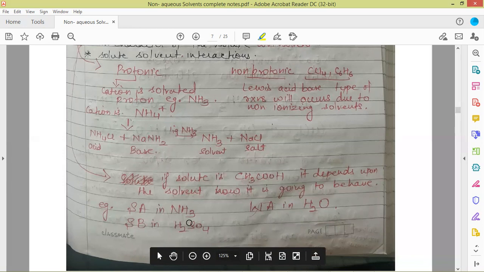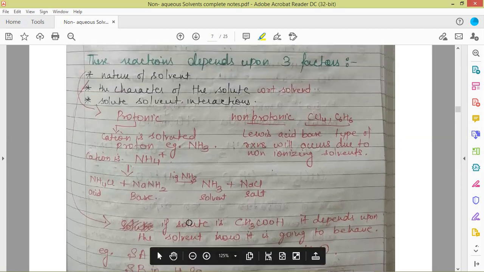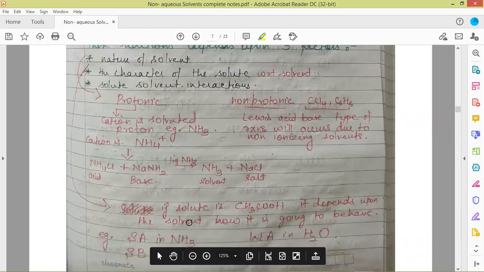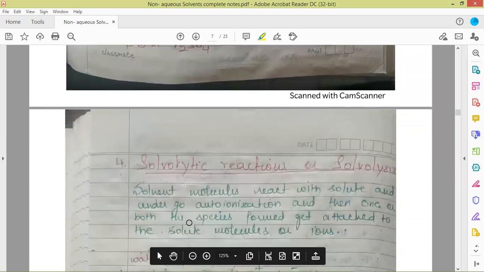So based upon the nature of the solvent, the solute is changing its character. This is how we can design a reaction: if we know how it is going to behave in a particular solvent, then we can design a reaction based upon our requirement.